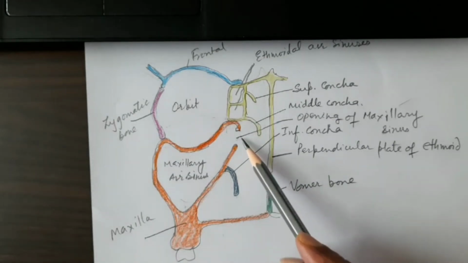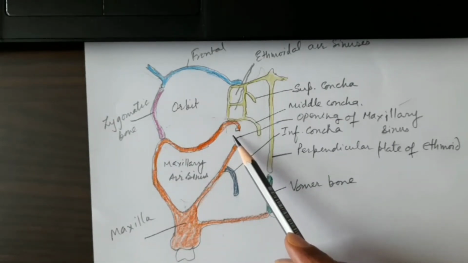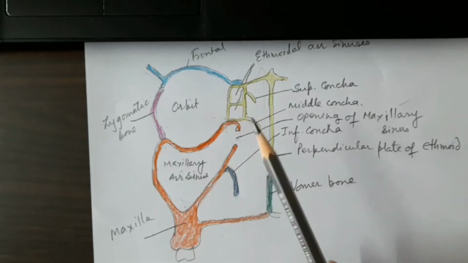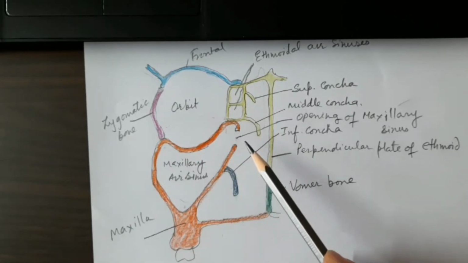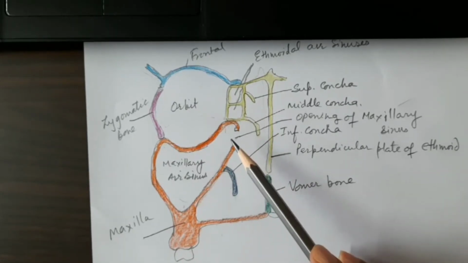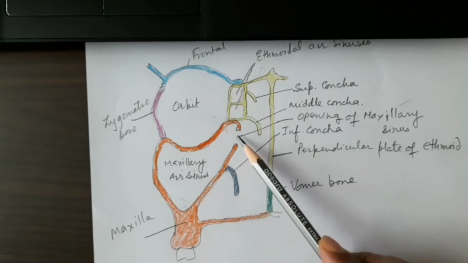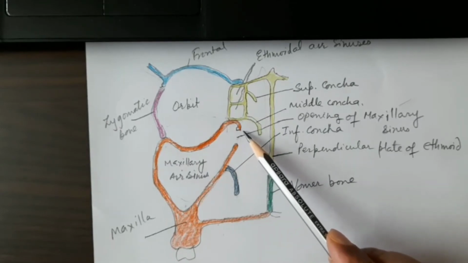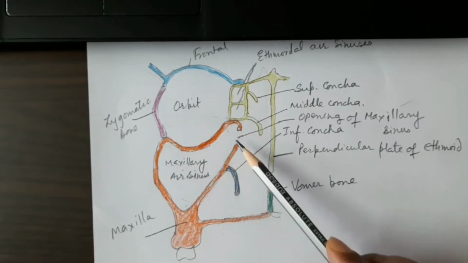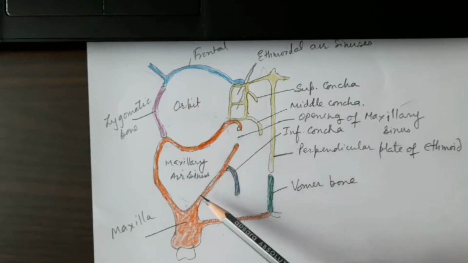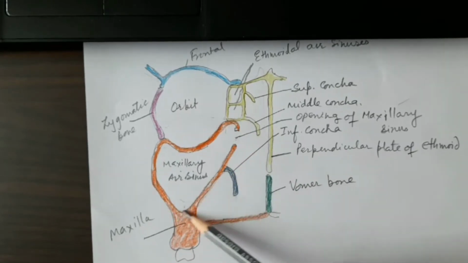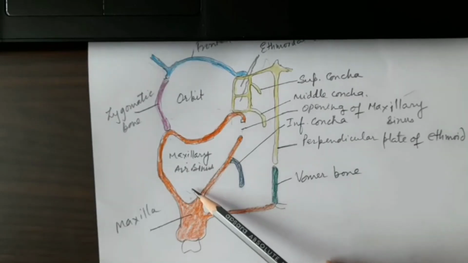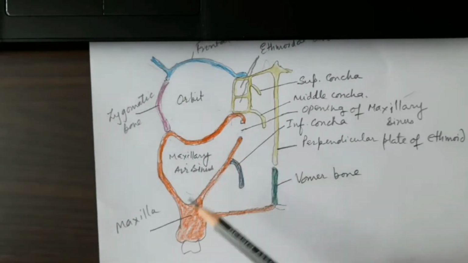So this is the large opening of the maxillary air sinus, okay, and this is present in the middle meatus in hiatus semilunaris. The level of this hiatus semilunaris or this opening is at a much higher level in comparison to the floor. See the floor, narrow floor, it is at much lower level than the opening.